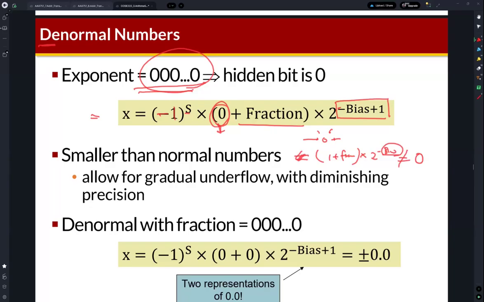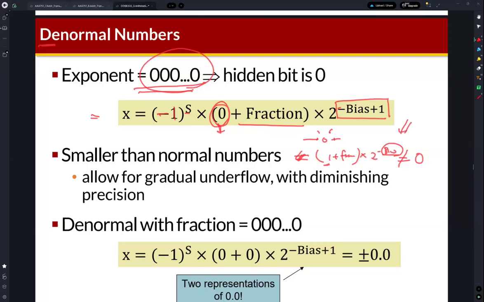The problem is that using the normal number representation of the floating point number, we cannot represent 0, right?